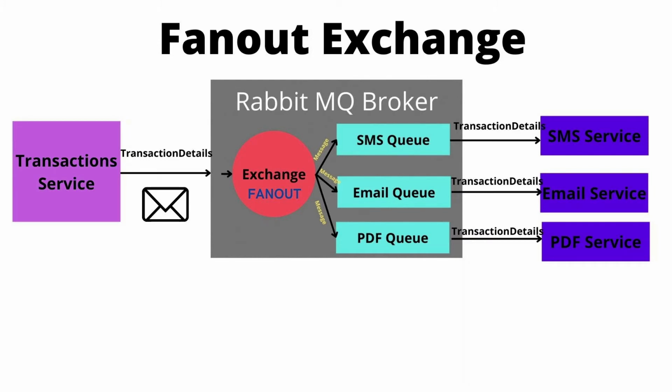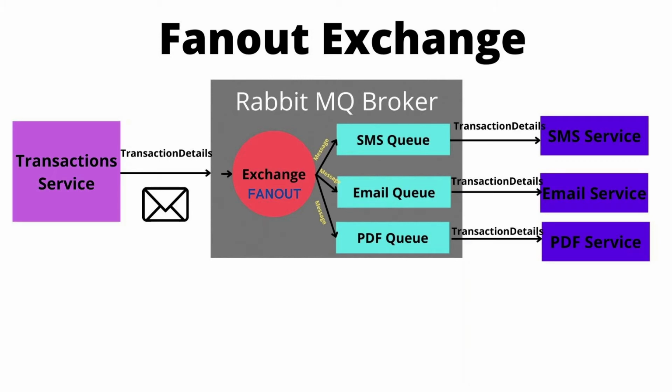Once the transaction service produced the transaction detail message, the exchange is going to receive it, and then the exchange, being of type Fanout, is going to broadcast that transaction details object to every single queue that has a connection with it. So every queue that has a binding to that exchange is going to receive that message, because that exchange is of type Fanout.